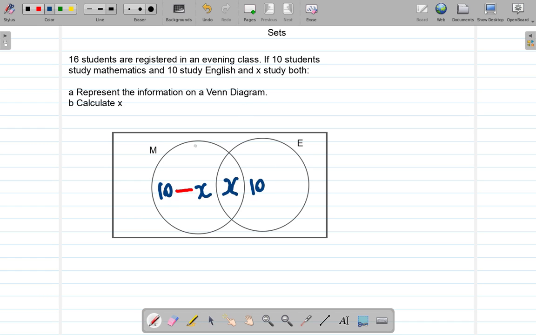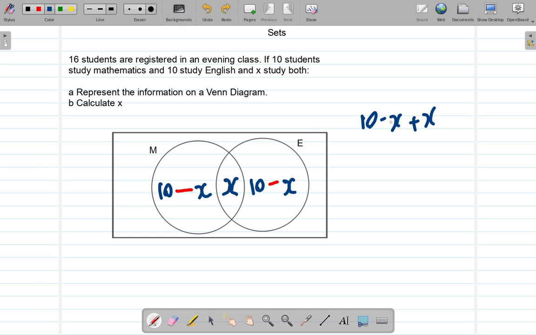So here's 10 minus X. You must put the minus and then the X. Whatever X is, the fact is, for all of those doing maths, is 10 minus X plus X. This here, 10 minus X plus X, because you have both of these, the 10 minus X and the X are within the math circle. 10 minus X plus X is just 10.